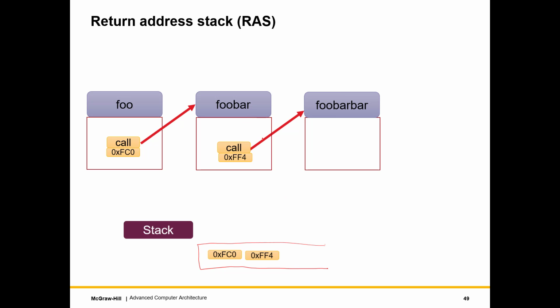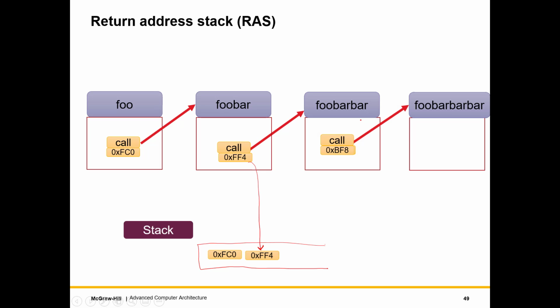Now let's say foo bar calls foo bar bar. In this case, 0xff4 will be put in the stack, which is the return address for the foo bar bar function. Then again, let's say there's one more function called. Then the return address is again put in the stack.